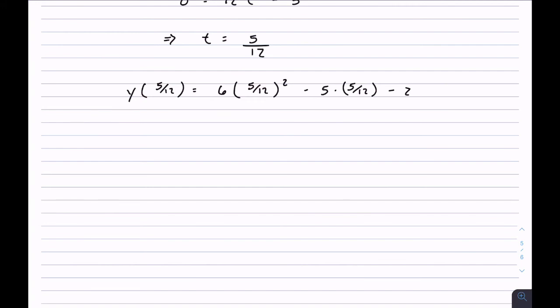Okay, we have to plug that into a calculator to figure out what the position is. So that's what we're asked: what is the position of the object when it changes its direction? So let me plug that in.